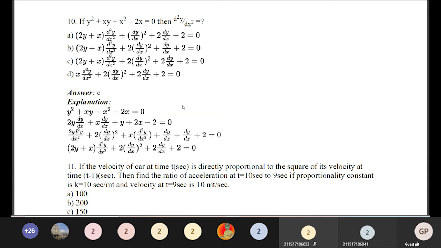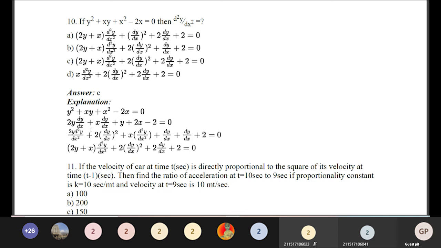See this problem. If y square plus xy plus x square minus 2x is equal to 0, then d square y by dx square is equal to, what is the answer? That is the question. Ordinary differentiation here you have to discuss. Ordinary differentiation means when differentiating y square, generally you will put only 2y if you are doing partial differentiation.